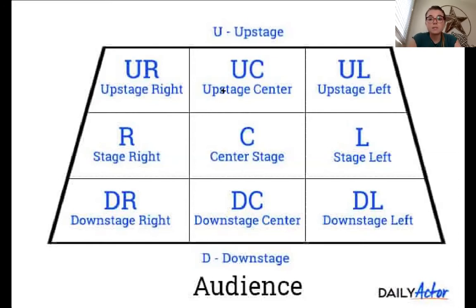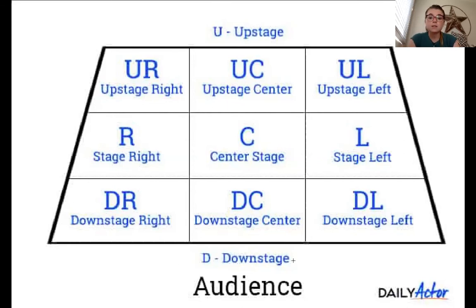And then upstage. It's a little bit confusing, but these are the actual terms that are used in a play, and these are time tested and true. Every single play has these kind of physical notions of where characters need to stand.